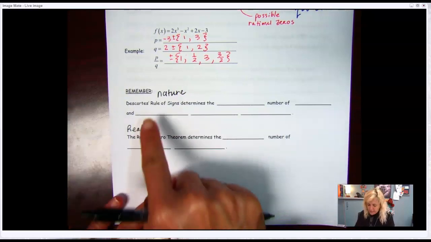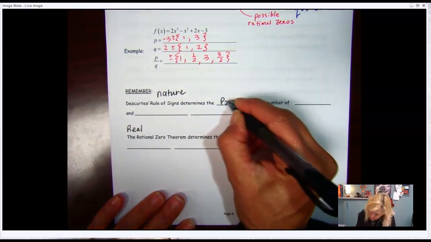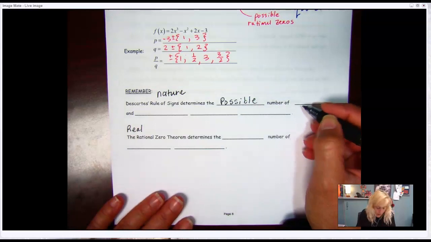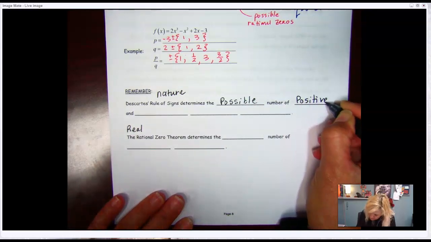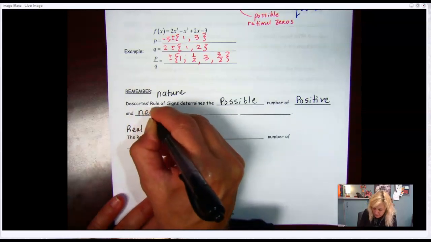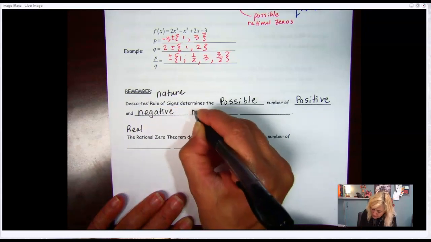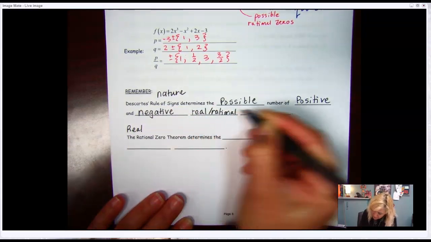Let's fill in some blanks. Descartes' rule of signs determines the possible number of positive and negative real, which are rational, roots.